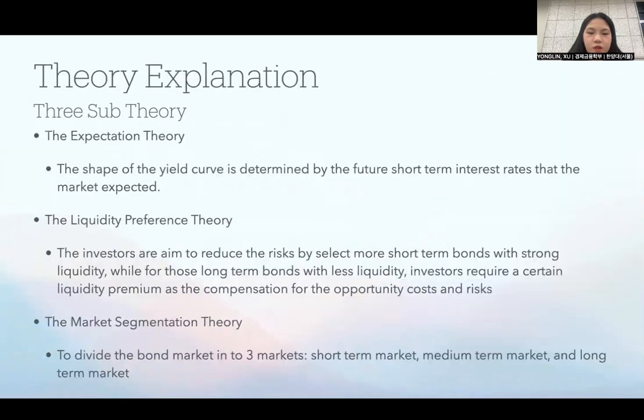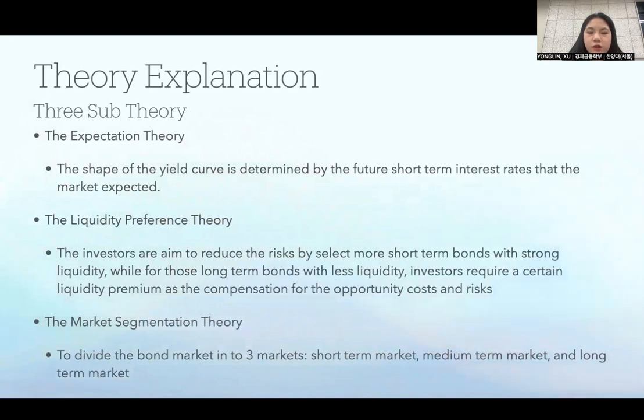So the next part is the theory explanation. This theory can be divided into 3 sub-theories. The first one is called the expectation theory. For this theory, the presumed assumptions are firstly, the market is complete and efficient.